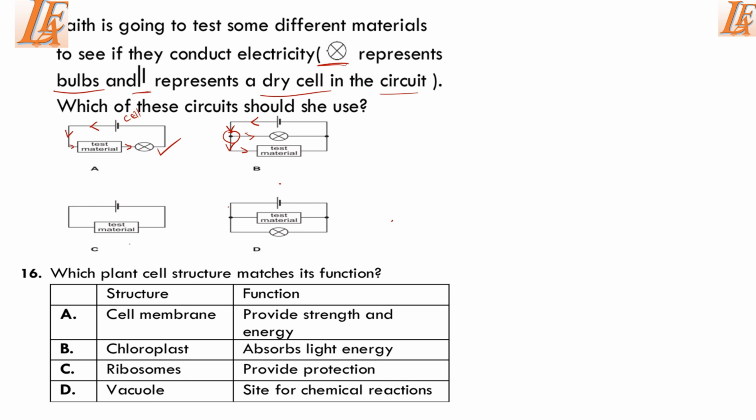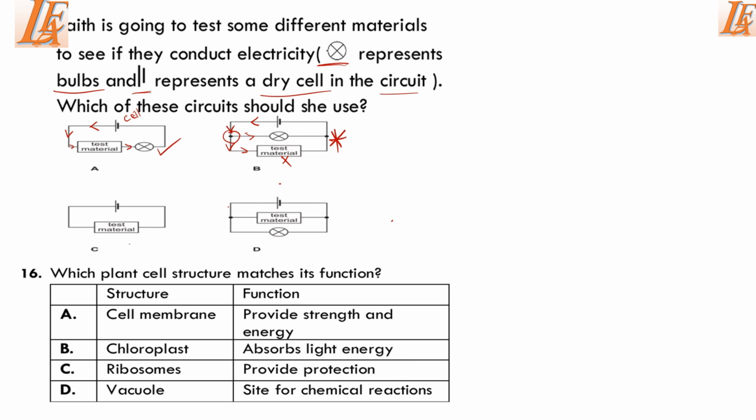So whether this test material passes current or not, the bulb will go on because some current splits at this junction and passes through the bulb. So you cannot use this one. It cannot show you whether this material is a conductor or not, because with or without the test material, the bulb will go on. So B cannot be used.